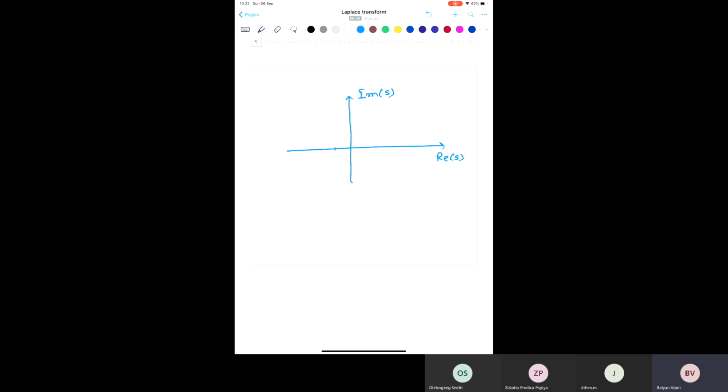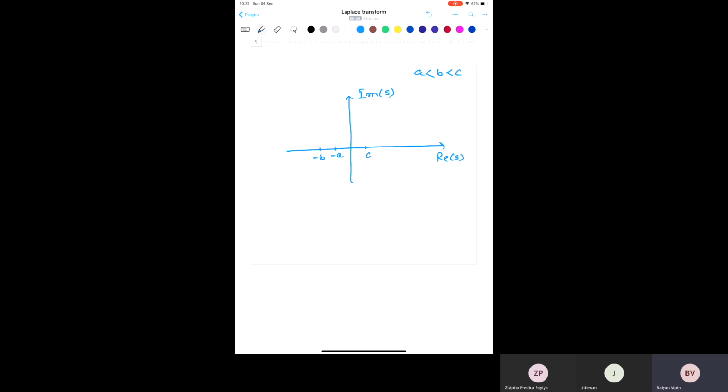Suppose A is less than B less than C. So it will be minus A, minus B, and then you have C, which is positive. Suppose C is here somewhere.